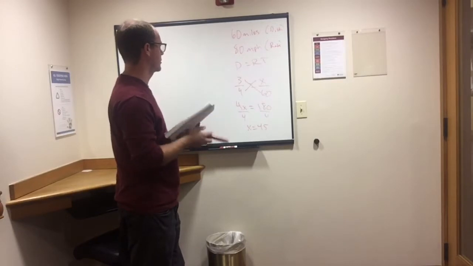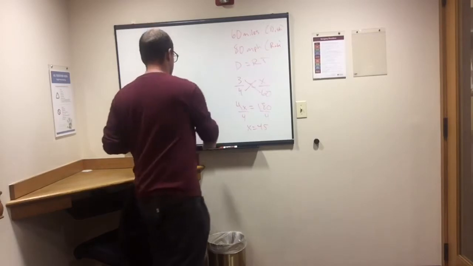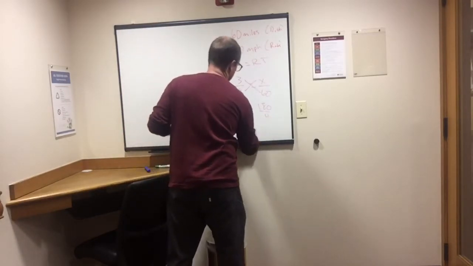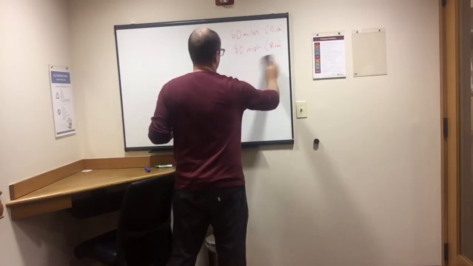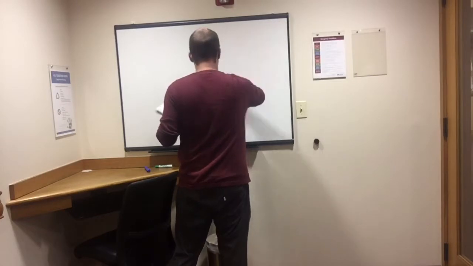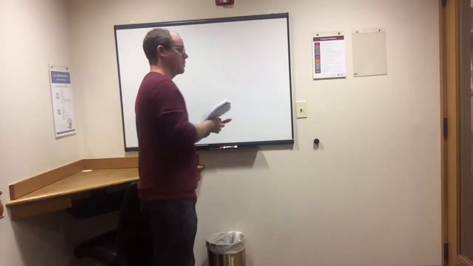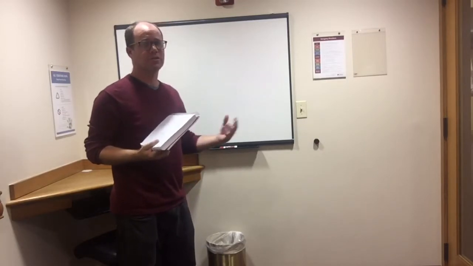That means it took 45 minutes to go 60 miles at 80 miles an hour. So if you get questions about how long it took like that, you gotta be thinking distance equals rate times time. If you get 2 of those variables, then you just solve for the third one.